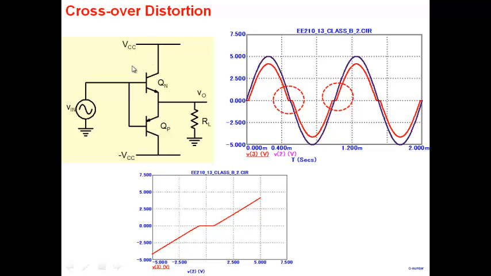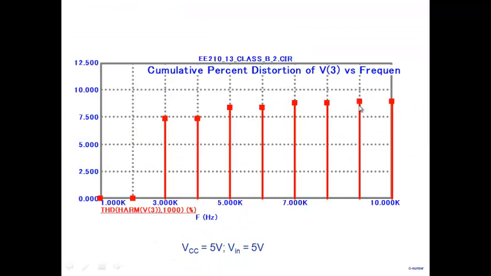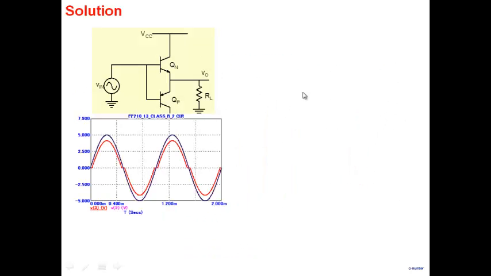If I designed my amplifier for plus 3 and minus 3, this part would be even more significant, and I would have even higher distortion. So the point is that even with plus 5 and minus 5, the distortion is significant, and we have to address it.